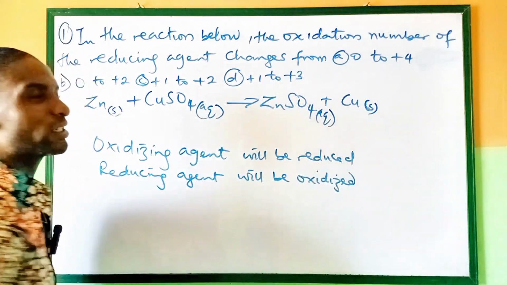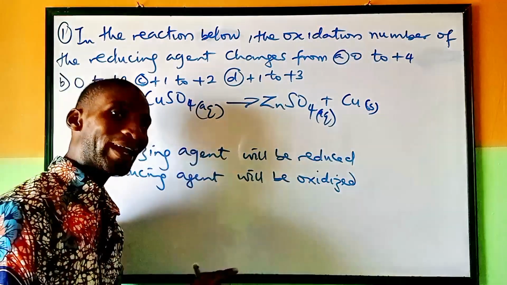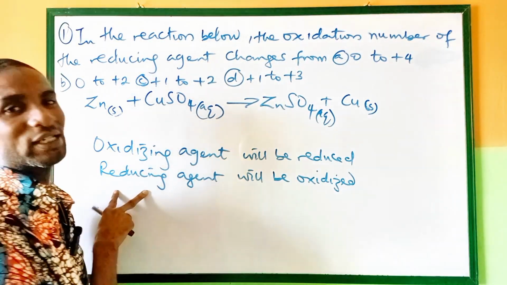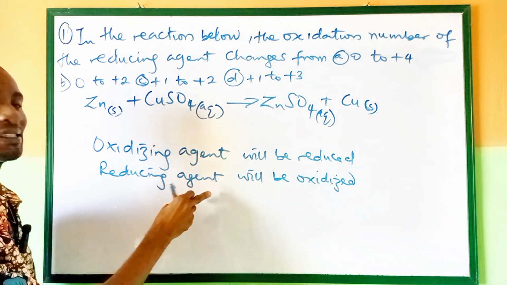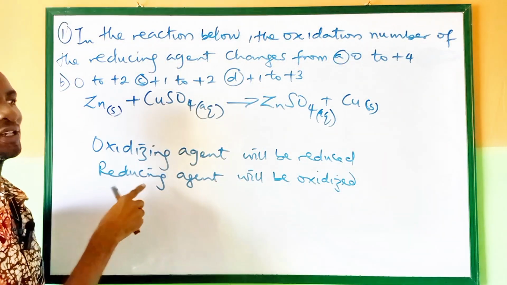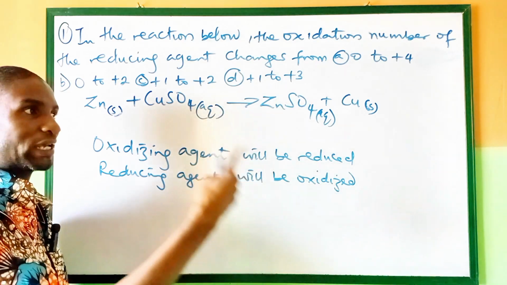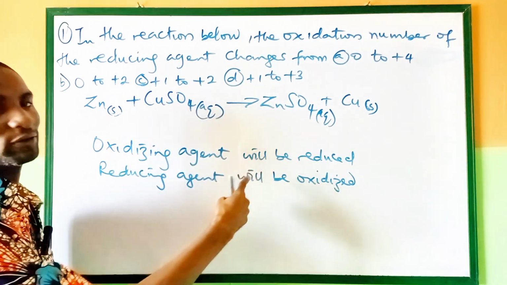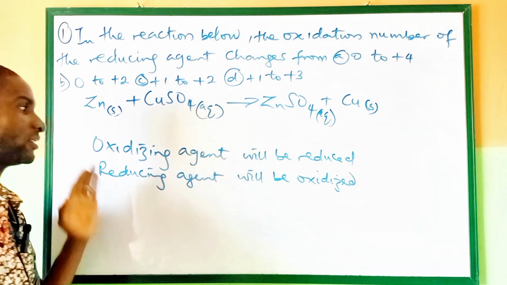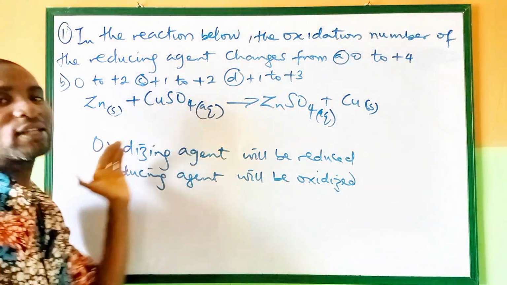So if the question is asking you which of the species has been oxidized, they are simply asking you what is the reducing agent, because the reducing agent is the one that will be oxidized. And when the question says which of the species has been reduced, they are simply asking you which of them is the oxidizing agent. Are we together? So it is the oxidizing agent that will be reduced and the reducing agent that will be oxidized.